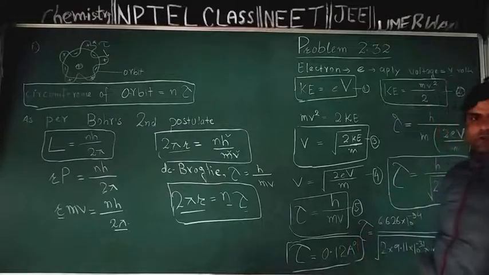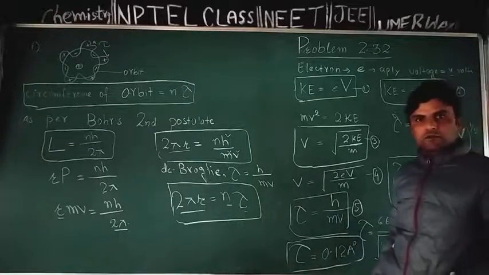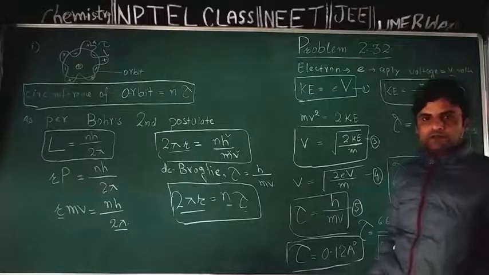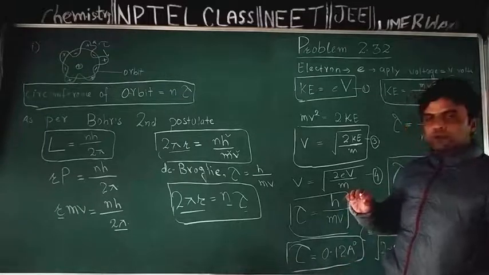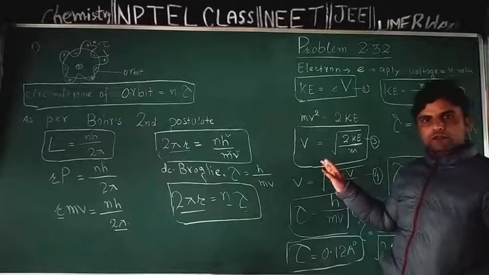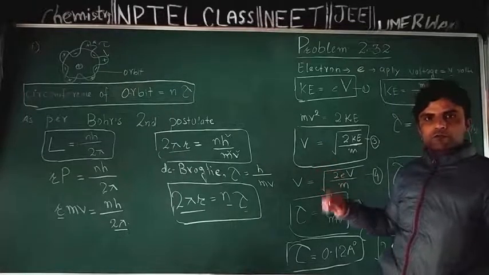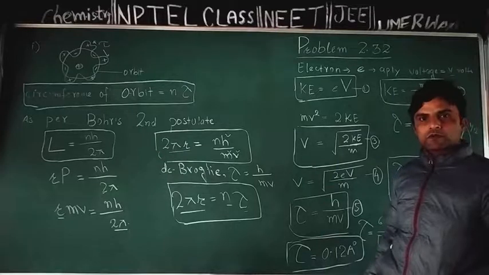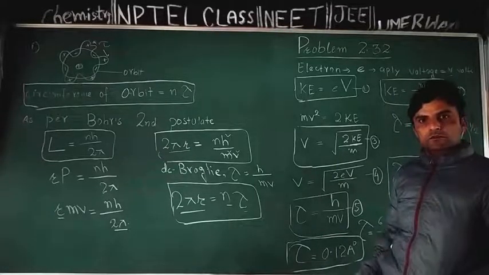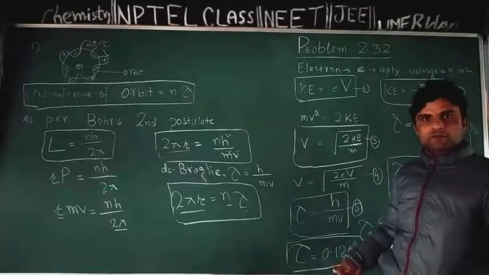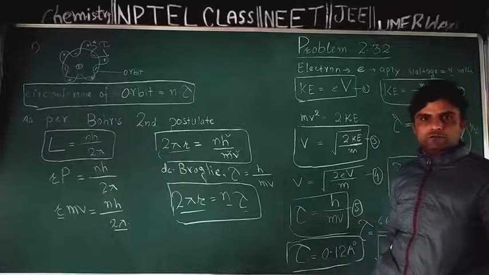And the actual experiment was done by Davisson and Germer. They allowed a beam of electrons to strike a nickel crystal, and like X-rays, the electron beam got diffracted and the diffraction pattern was similar to X-rays, hence confirming that electron showed the character of X-rays. As X-rays have wave character, electron also has wave character.